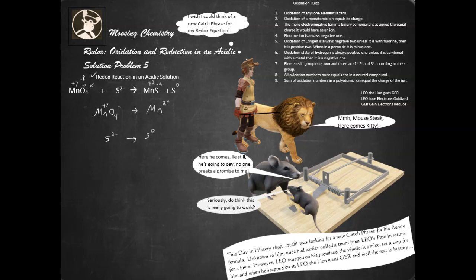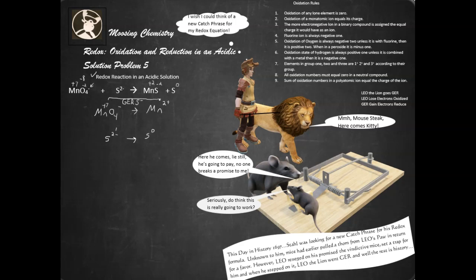Alright, so now let's do this top one first. So we're going from a +7 to a +2. Guess what? We are gaining electrons. So gain electrons, GER. We're gaining 5 electrons. So we're reducing it.